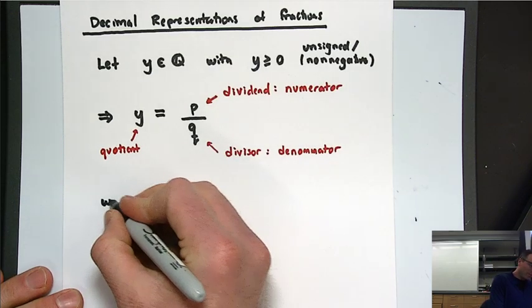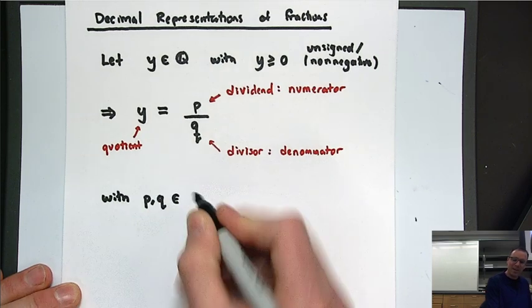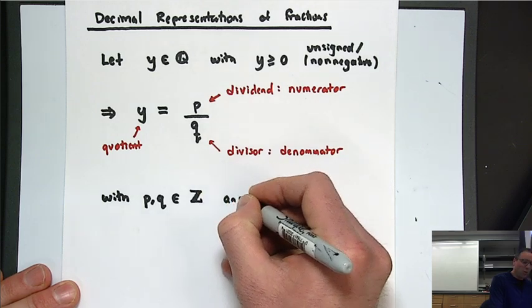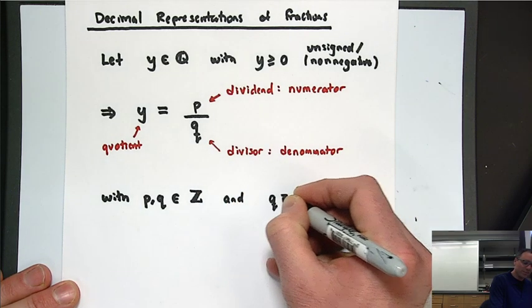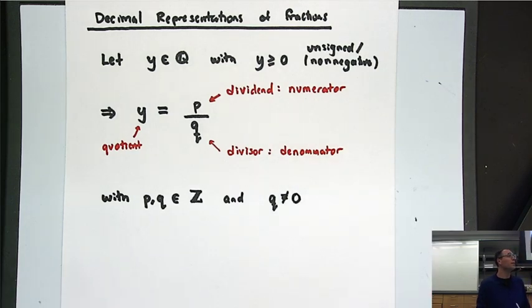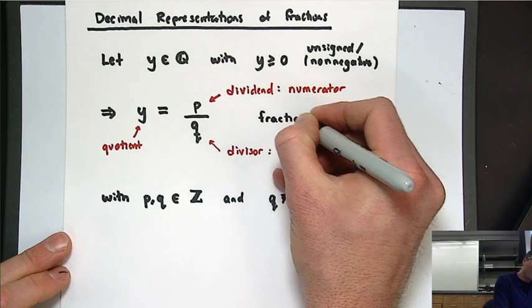With p and q, in this case, both must be integers. And what do we immediately say about q? q for sure is non-zero. This representation we're going to call the fractional representation.